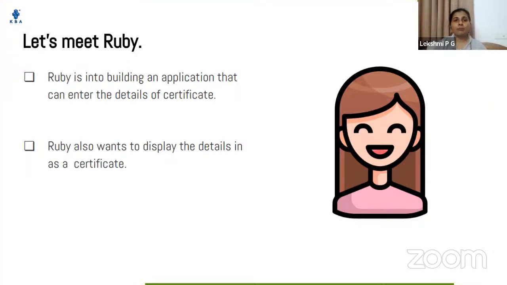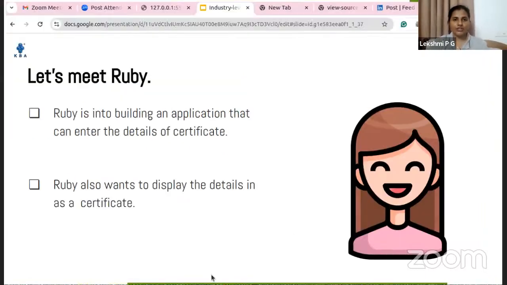Ruby is trying to build a certificate application so that she can give some details related to the certificate to that application, and after giving those details, she can get it back and see it as a certificate. So that is the application Ruby is trying to build.